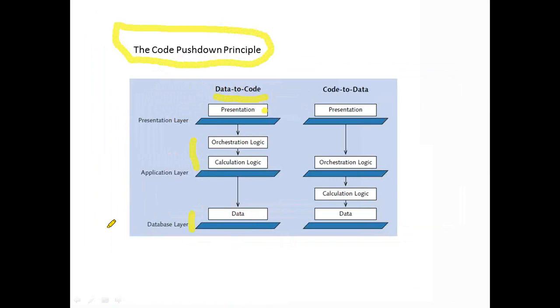Let us take a simple example. Say I wrote a select query to select some fields from a table like VBAK, the sales order table, into an internal table. What will happen?